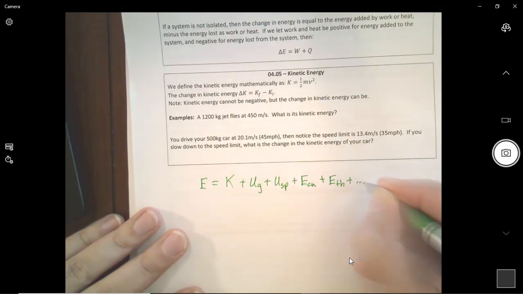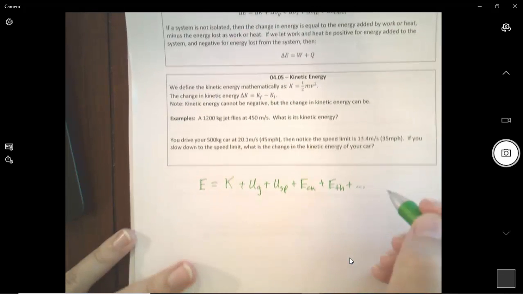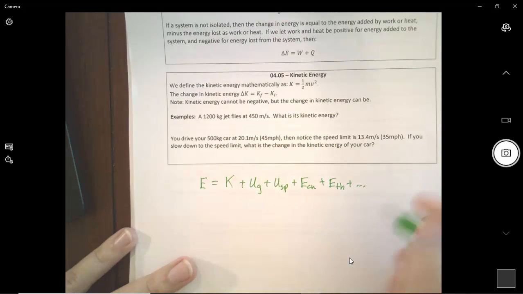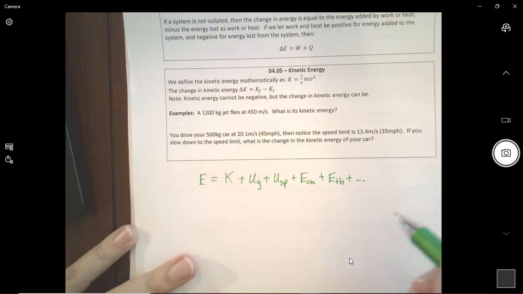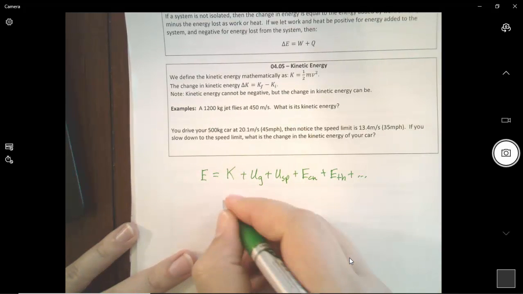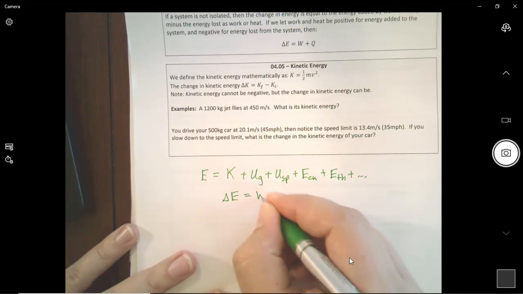In fact, we could have a bunch of different kinds of energy, and you might not even know all the different kinds of energy that could be available to the system. But it turns out you don't have to know all the different kinds of energy. What really matters is how the energy is changing in the system.